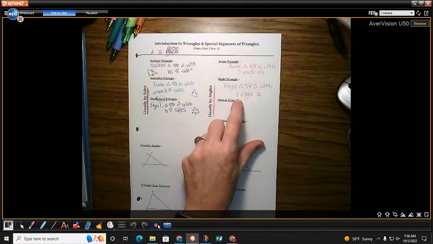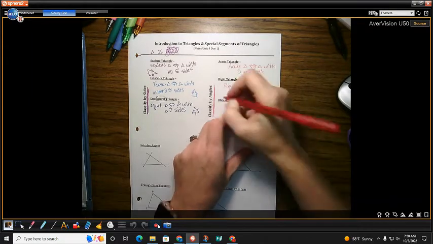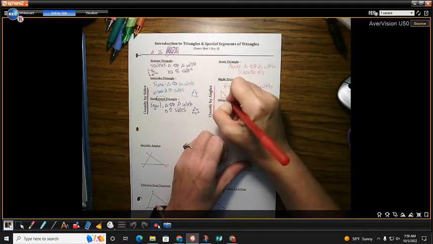Okay. So you have one right angle, then what are the other two angles going to be? Acute. Remember, triangles always have two that are acute. So yeah, one of them's right, the other two better be acute. And so if you want to draw yourself a picture of a right triangle, how do you make sure you know that it's a right triangle and not an acute triangle? Put the little right angle box in it.